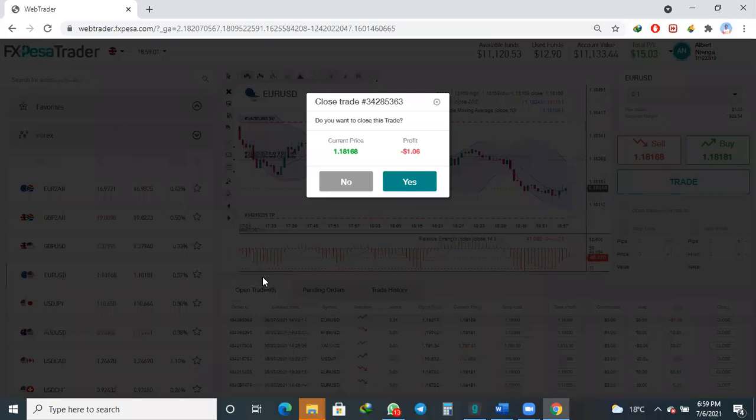Now, what pending orders mean is that trade won't be open until, now let me select this. Yeah, these are the trades. Now this trade won't be open until my level.